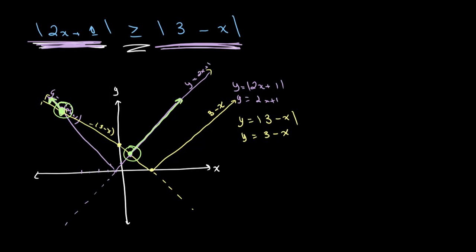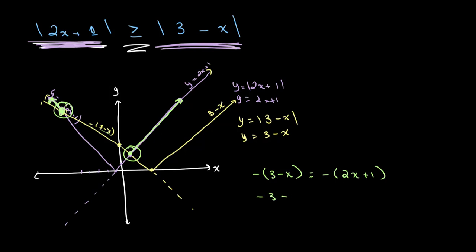So at this point, the graph of y is equal to minus 3 minus x. So solve algebraically. The graph of minus 3 minus x intersects with the graph of y is equal to negative 2x plus 1. You can't really see it over here because of all the circles.